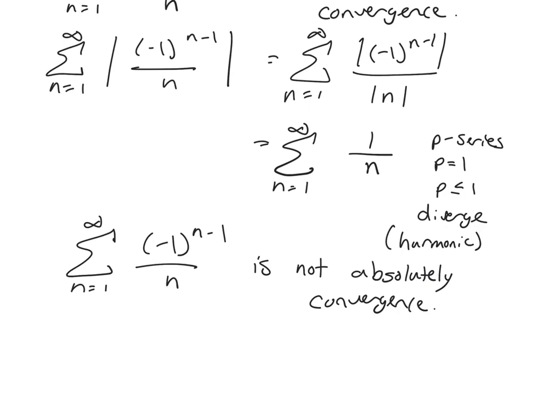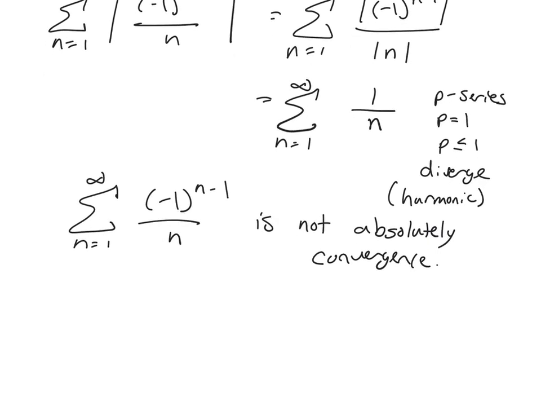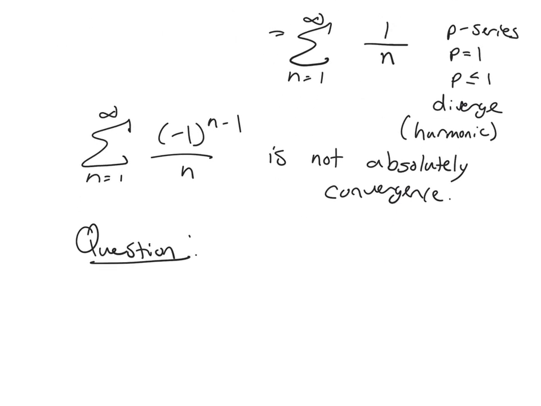But since you brought it up, now's a good time to ask. I found out that in this problem, the series was not absolutely convergent. So now I want to ask this question: what does that mean for convergence?